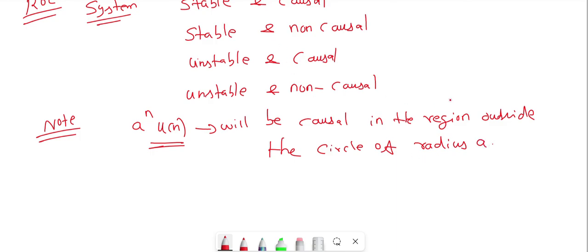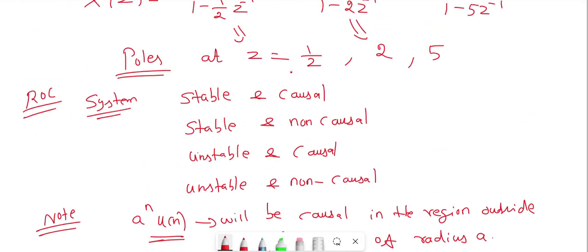For example, if the system contains more than one pole, so here how many poles? There are 3 poles: P1, P2, and P3, for example.